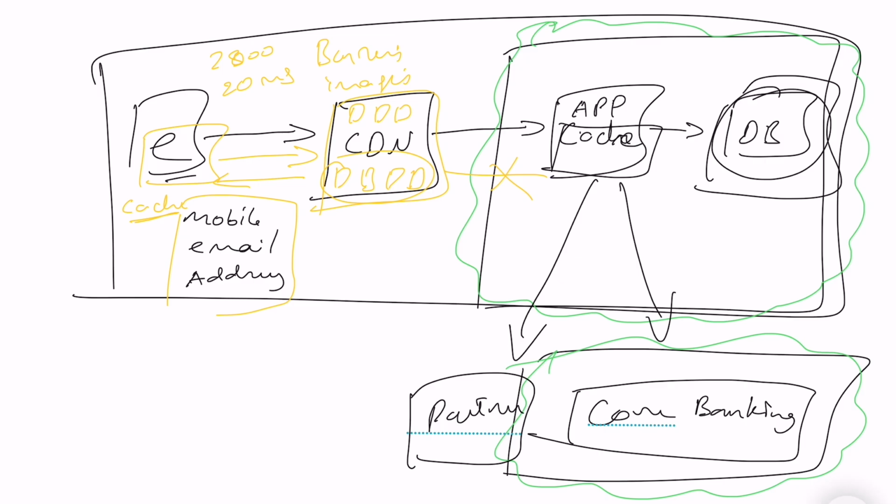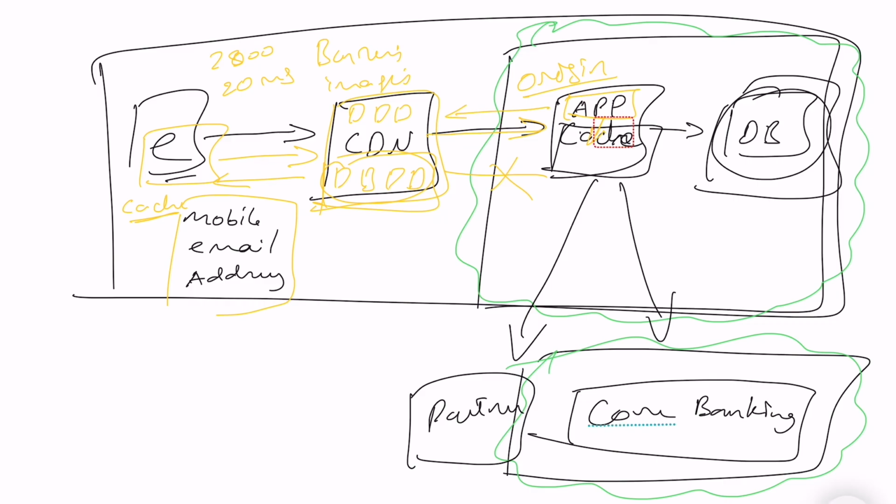Now next, from the CDN, if it's not available over here, it will go to the data center. In many cases this part is called the origin, from where the data originates. On the data center, your application will, again, look into the local cache. If it is available in the cache, it will directly serve from the cache.